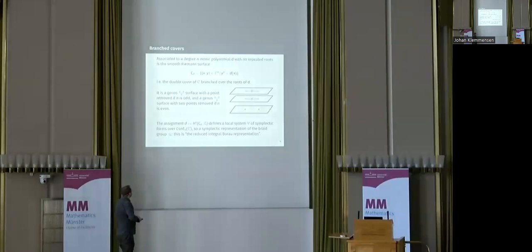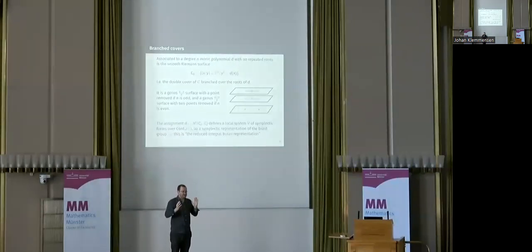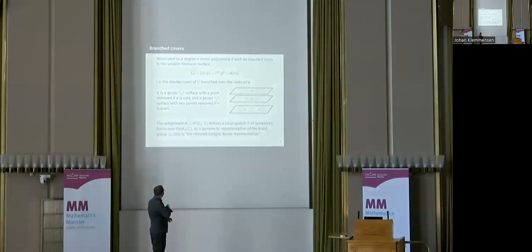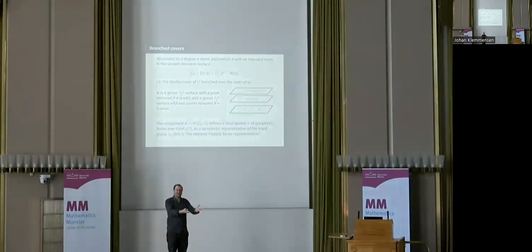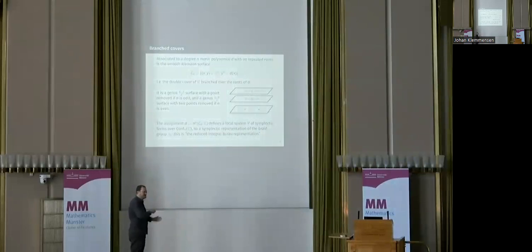So this is saying that for every polynomial I've given you, I said integer coefficients, but I could well have said rational, I've given you a vector space with a symplectic form on it. And as I deform the points in the plane, that vector space changes. It becomes the first cohomology of a different surface as I vary d. But it changes in a continuous sort of way.